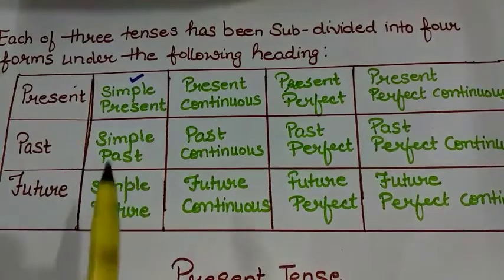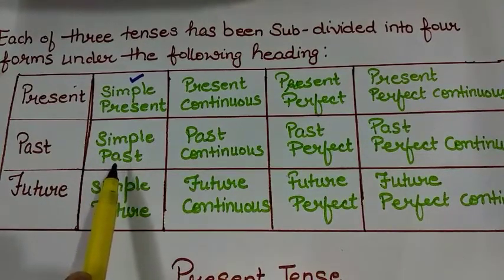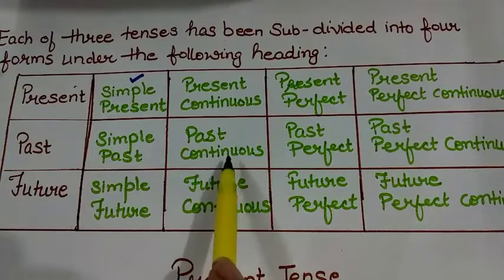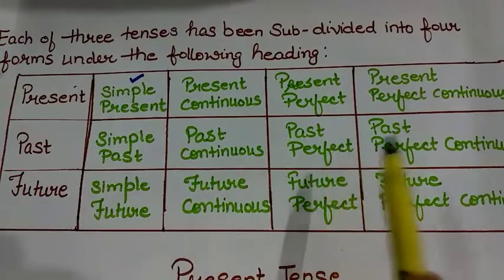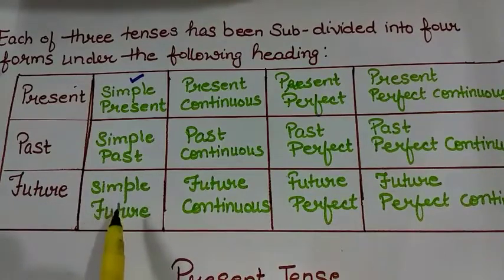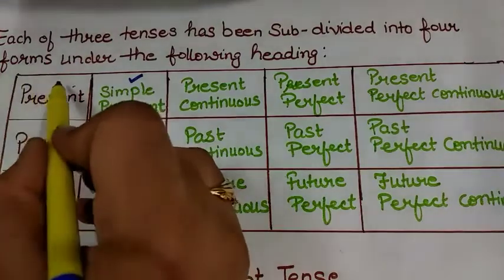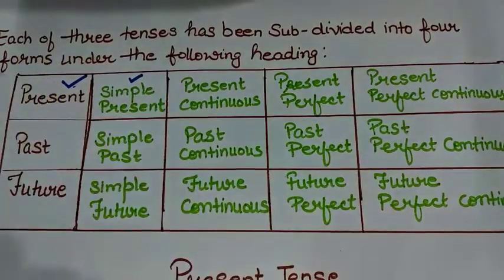Similarly, in past also, we have simple past, then past continuous, past perfect and past perfect continuous. And in future, we have simple future, future continuous, future perfect and future perfect continuous. We will understand all of them one by one and we will start with the very first, present tense. So let us see what a present tense holds.